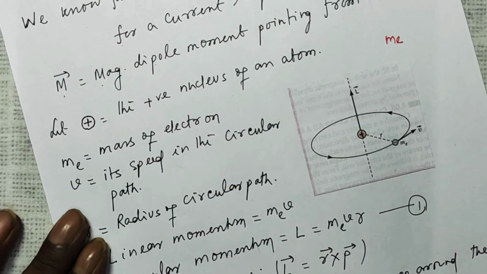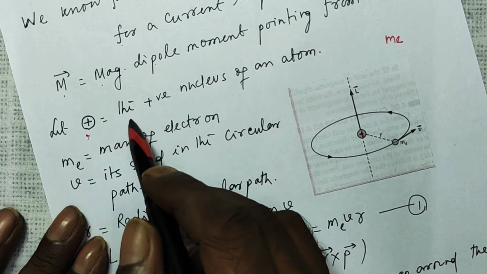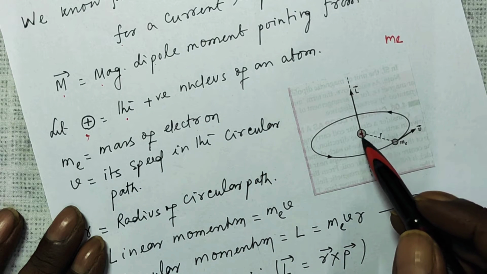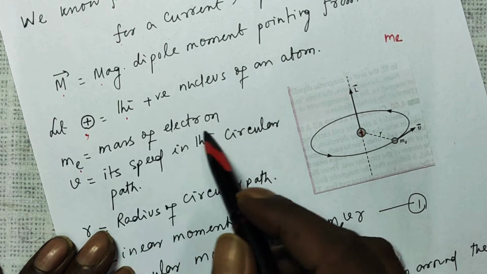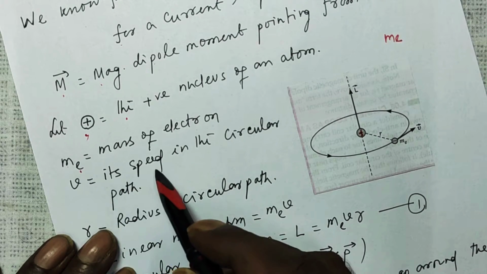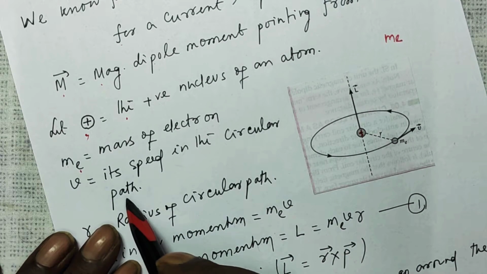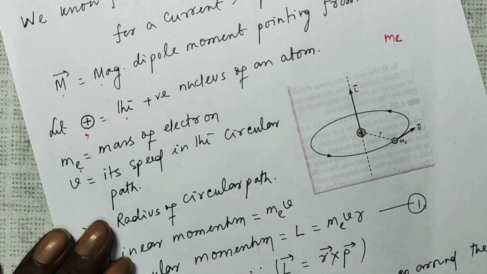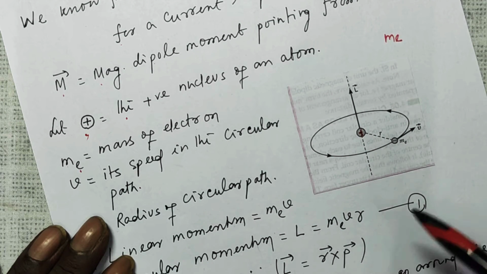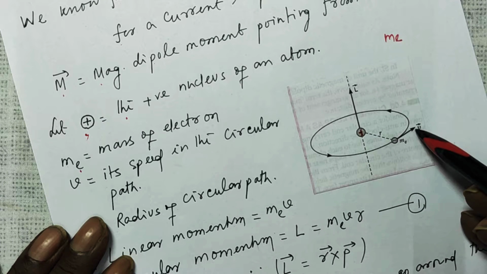Now, let plus be the positive nucleus of the atom, this one, m_e the mass of the electron, v its speed in the circular path. Because the direction is continuously changing, I have not written v as a vector. At this instant, the velocity is to this side.